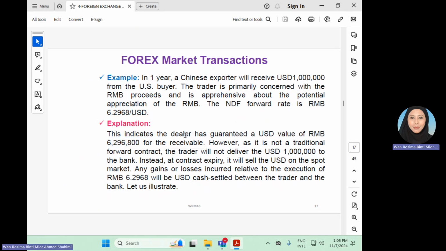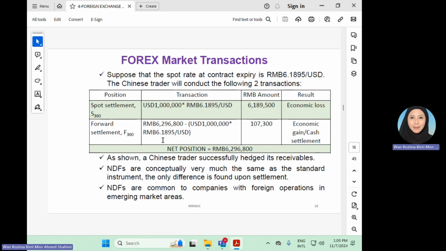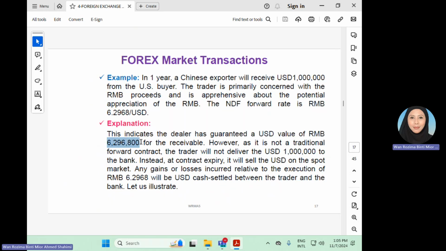This indicates the dealer has guaranteed a value of 6,296,800 if they use the NDF transaction. But if you don't use this rate and just accept whatever the spot rate is 1 year from now, then you will get less than what you expected to get, isn't it? It's less. Do you understand?